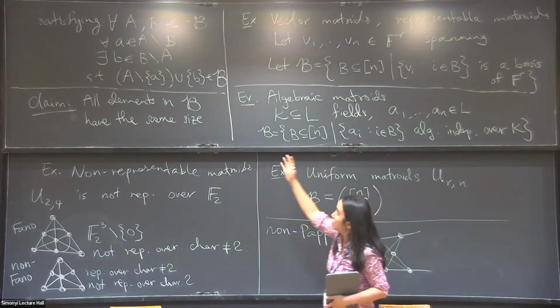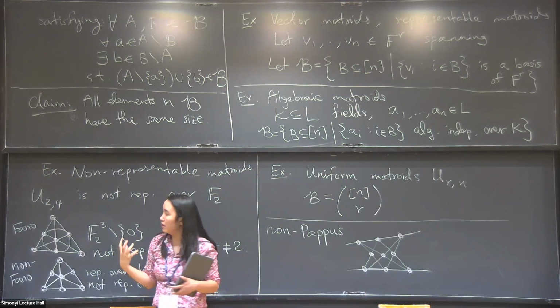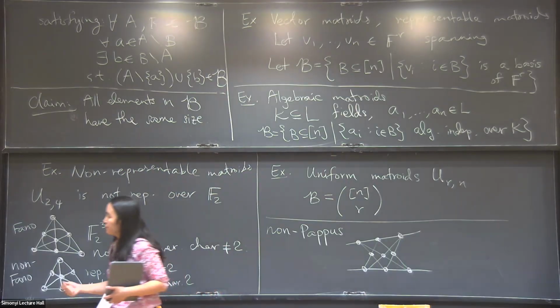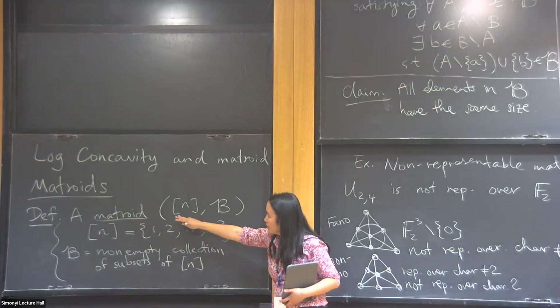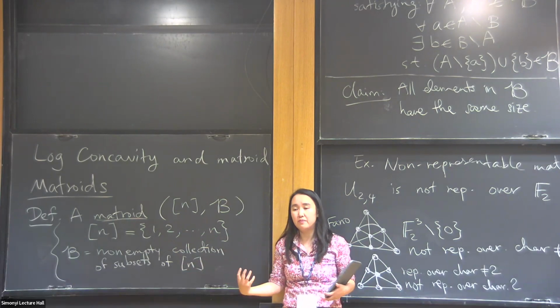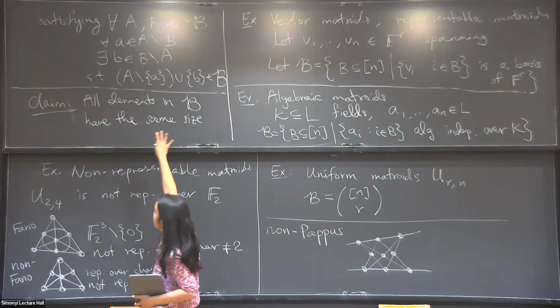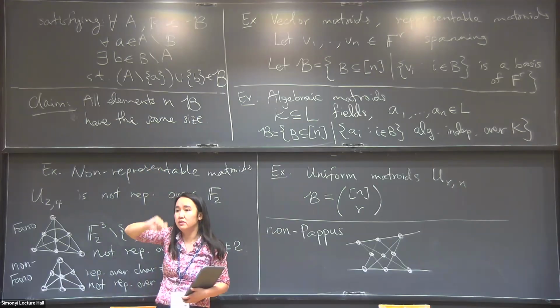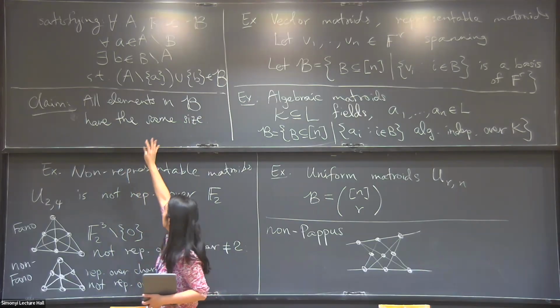We can check that they satisfy nice axioms. A matroid is a ground set together with a collection of elements called bases. If you take two bases, you can do this thing called base exchange. You can take one element out and replace it with something else from another basis. So that is the definition.